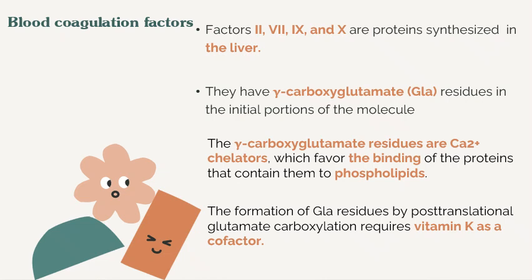The gamma-glutamate residues are calcium chelators and they help in the binding of the protein to the phospholipid present on the surface of platelets. The formation of GLA residues by post-translational modification of glutamate by carboxylation requires the presence of vitamin K as a cofactor. So, the lack of vitamin K can also affect blood coagulation.